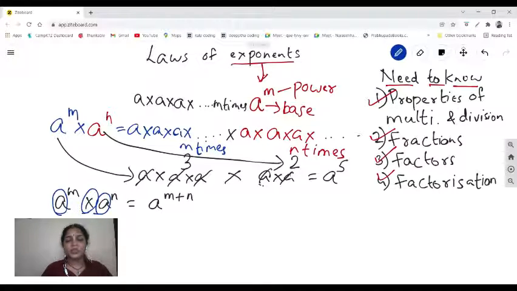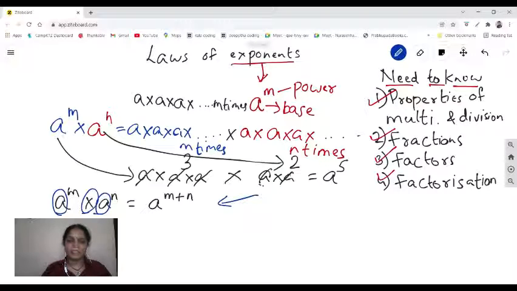Many children just memorize this particular law without remembering this concept. And I believe when you understand the concept and remember the concept, you don't have to do all the problems in the exercise, yet get good marks, right? So understand the idea behind it.